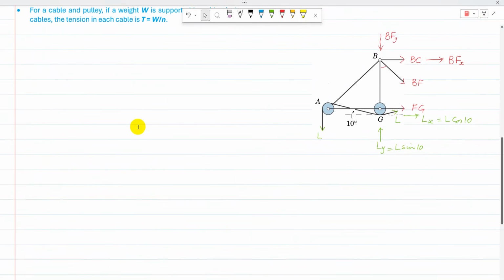I can use this triangle to show the direction of BF. Its vertical length is 7, horizontal is 8, and its diagonal using the Pythagoras theorem is going to be root 113.